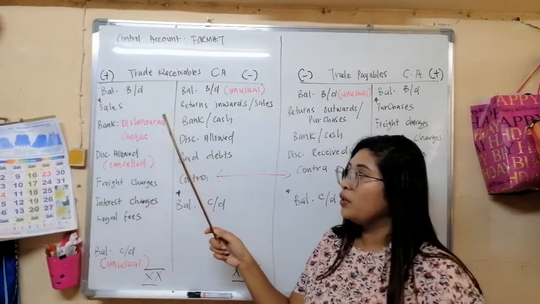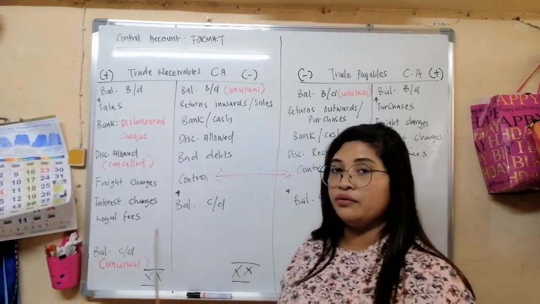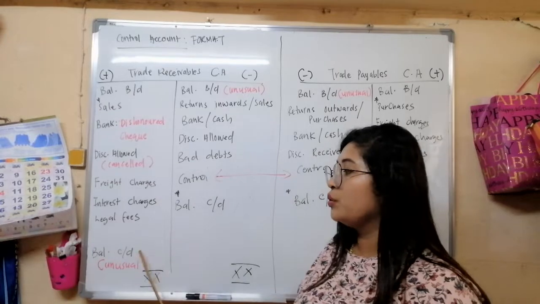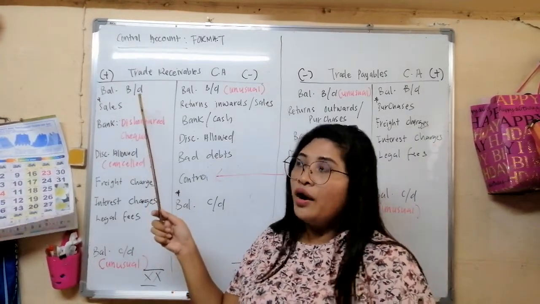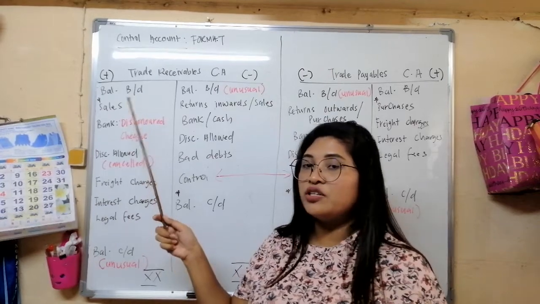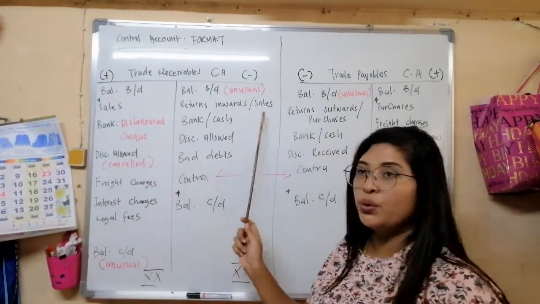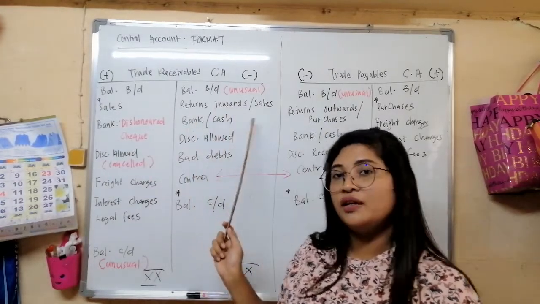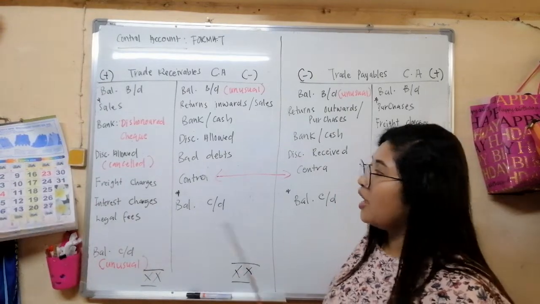Okay, if the question gives you sales, it means you need to find the balance carried down. But if the question gives you the balance carried down, it means you need to find how much your sales is. Or maybe sometimes the question gives you sales and balance c/d, but they don't give you the bank amount, so you need to find the bank amount. Okay, yeah, so at the end, how to calculate?